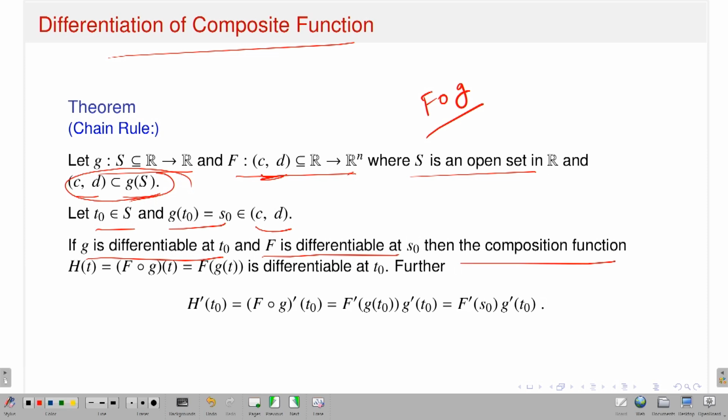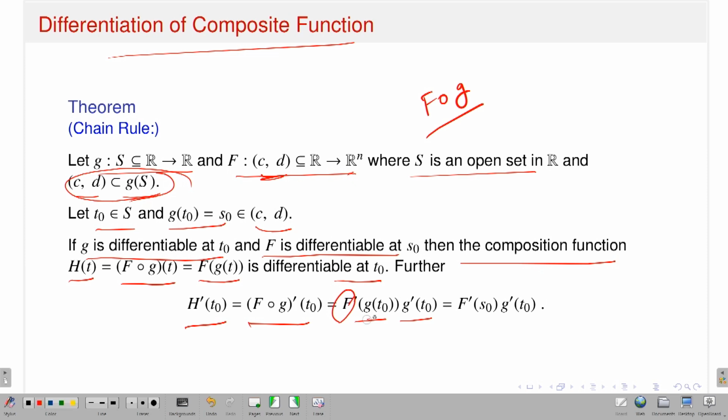Then once I have these two things together, I can talk about the derivative of the composite function. The composition function capital H of t, which is nothing but capital F composed with g of t, defined as capital F of g of t, is differentiable at the point t naught. Not only that, I can write the derivative of the composition function in terms of the derivative of the original functions. That means the derivative of h at the point t naught is the same as the derivative of capital F at the point g of t naught, times g prime of t naught.